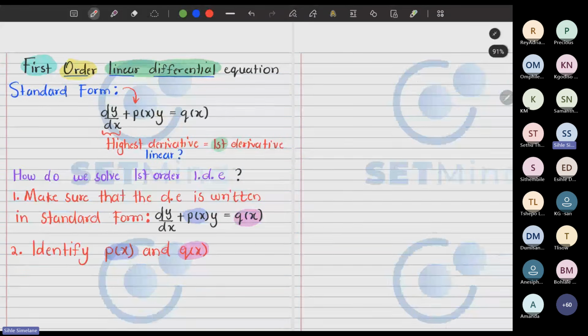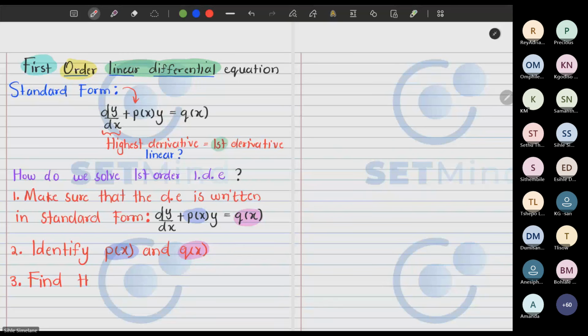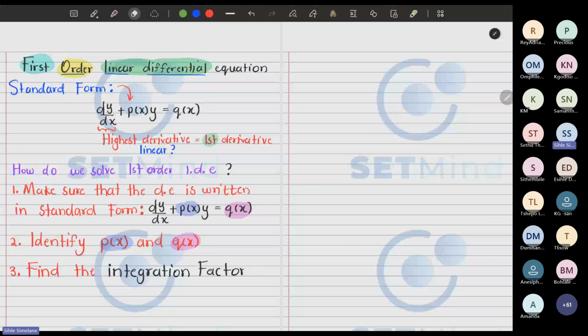Okay. And number three, after you've identified the P of X and Q of X, we need to find a term that we are going to introduce, which you guys should be familiar with, something that is called the integrating factor. What is this integrating factor? Well, it will be represented by a sign that is like mu, but we need to figure out how we find this.